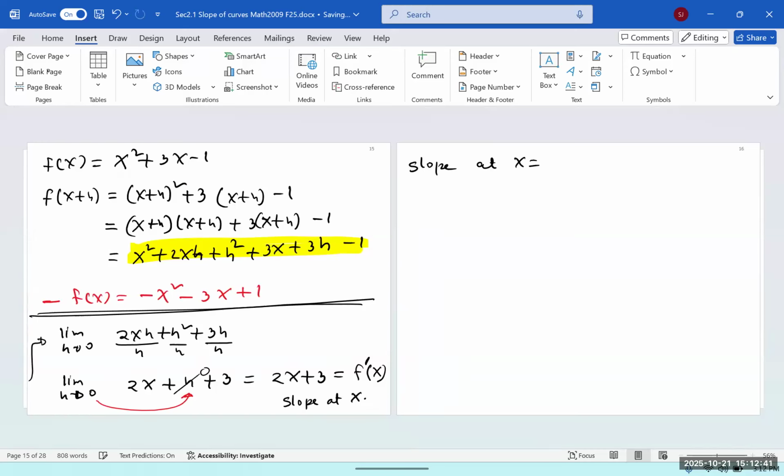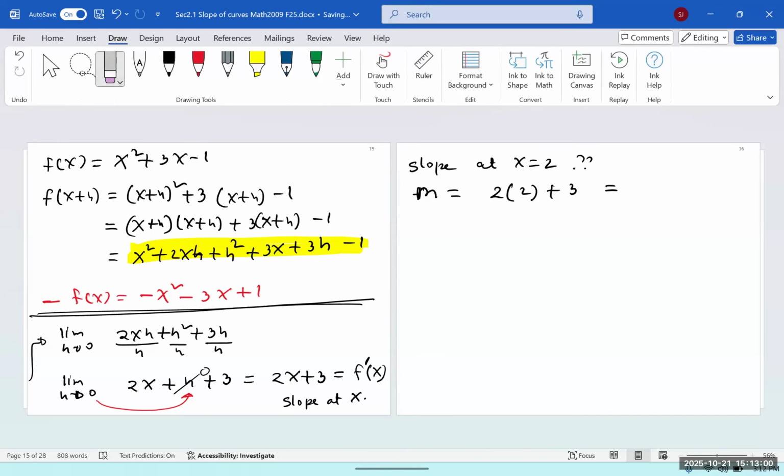Slope at x equals 2. So slope is 2 times 2 plus 3. So what do you get? 4 plus 3, which is 7.